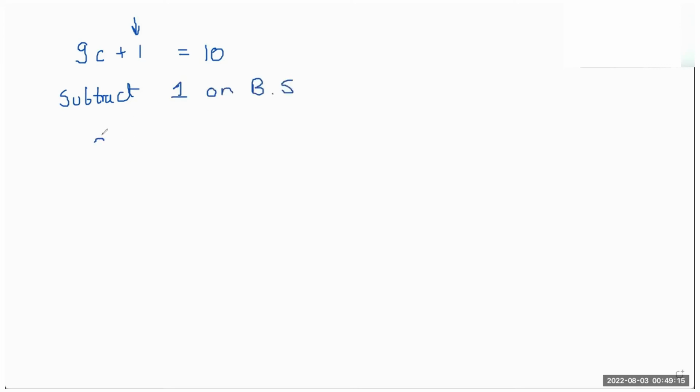What will I get? 9c plus 1 minus 1 equals 10 minus 1. If I simplify this, 9c will be equal to 9, correct? Now what is stopping me now? Now this is like your one-step equation. Now the 9, you have 9 into c. How do I get rid of it?